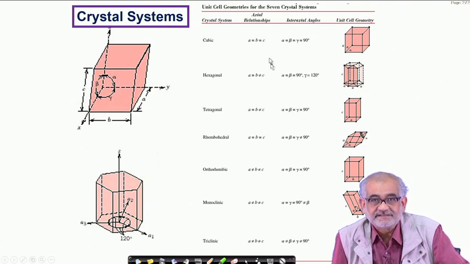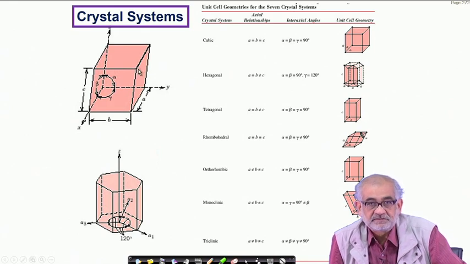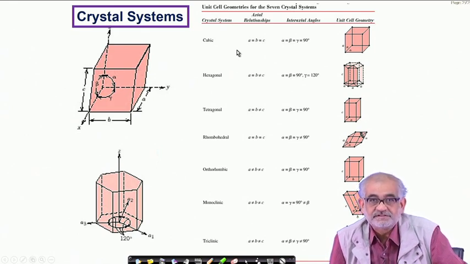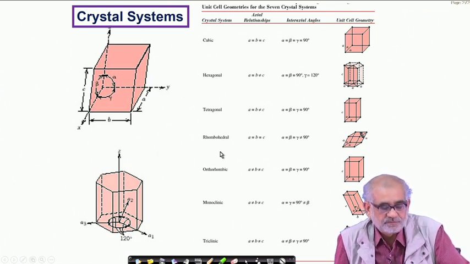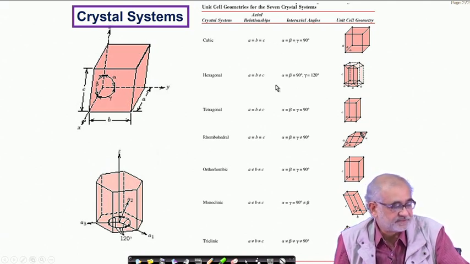So if you vary the axial lengths and angles at random, these are the 7 ways you can vary them, and these are all known to you, that you can have these unit cells appearing as a cubic, hexagonal, tetragonal, rhombohedral, orthorhombic, monoclinic and triclinic, and these names essentially refer to very specific combinations of the lattice parameters.